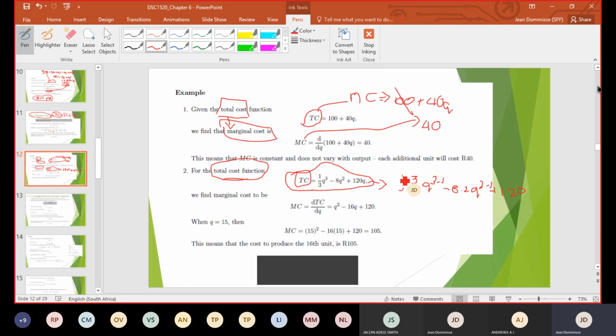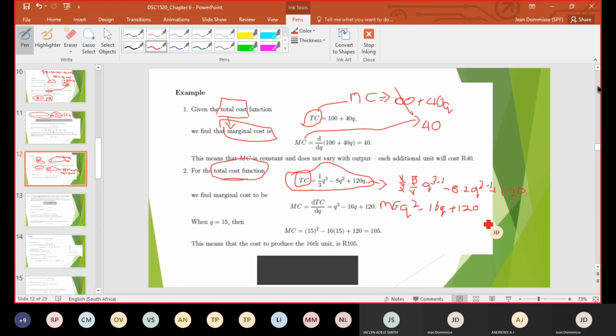So the next step is, if we do that, that cancels out, that cancels out. So basically we sit with Q to the power of 2 minus 16Q plus 120. Okay, so this is your marginal cost function.